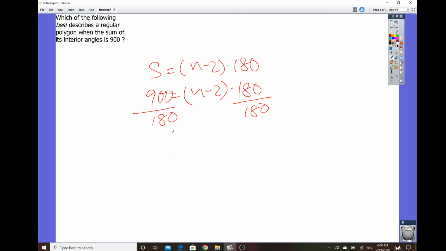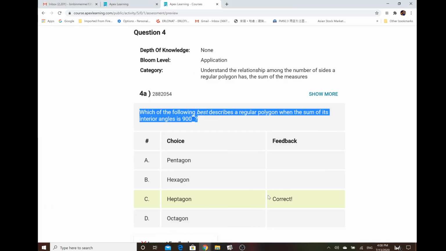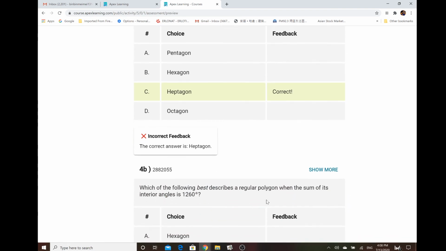So this would be 5. So n minus 2 equals 5, so n equals 7. What we found out here is a 7-sided figure. The prefix for 7 is hepta, so it's a heptagon. Going back to this one here, it's a heptagon, a 7-sided figure.